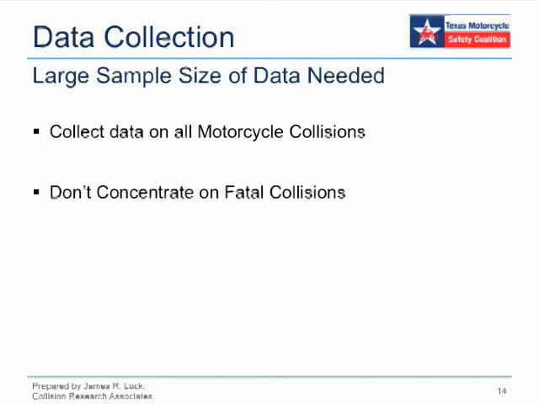Don't just worry about fatal accidents, because the only thing that separates a fatal accident from a non-fatal may be that when the rider slides off the road, in one case they have a head strike on a tree, in another case they don't. They miss the tree by a few inches. But the pre-crash data, what caused that crash to occur, is exactly the same. So we should collect data and look at all crashes.